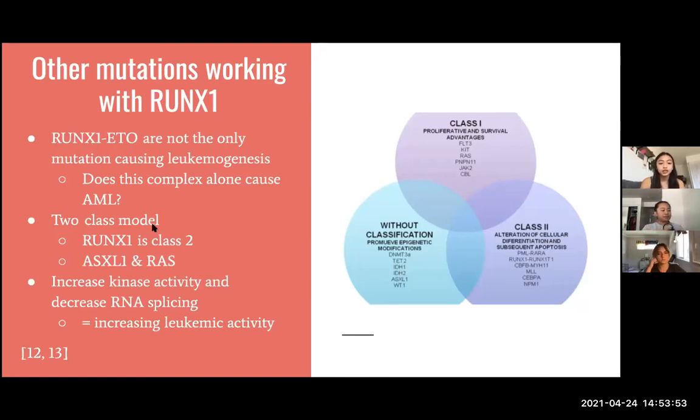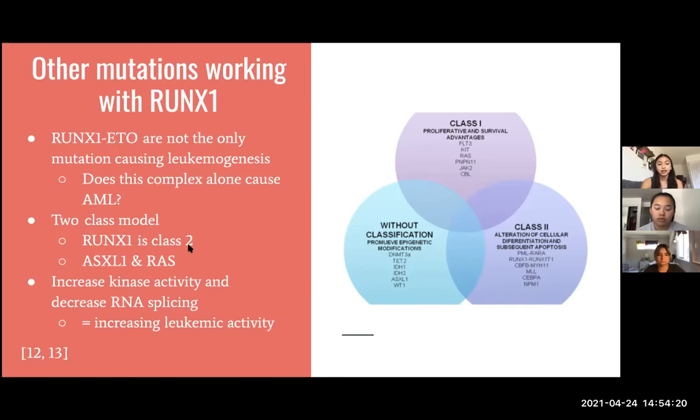This is why the two-class model has been developed to analyze the effect of multiple mutations. Mutations that are hyperactive in increasing cell survival and rapid cell growth belong to class 1, whereas class 2 are mutations that aren't as hyperactive, but promote the decrease in hematopoietic differentiation.